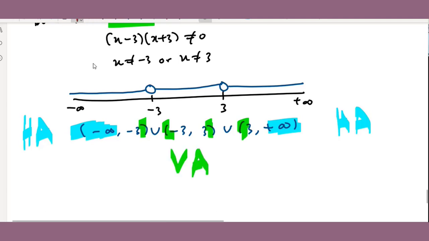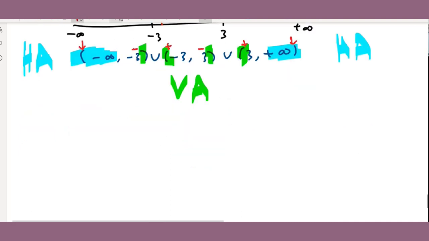So you need to find the limits: negative 3 from the left, negative 3 from the right, 3 from the left, 3 from the right, and infinity. That is 6 tests, so do them slowly, 6 times.